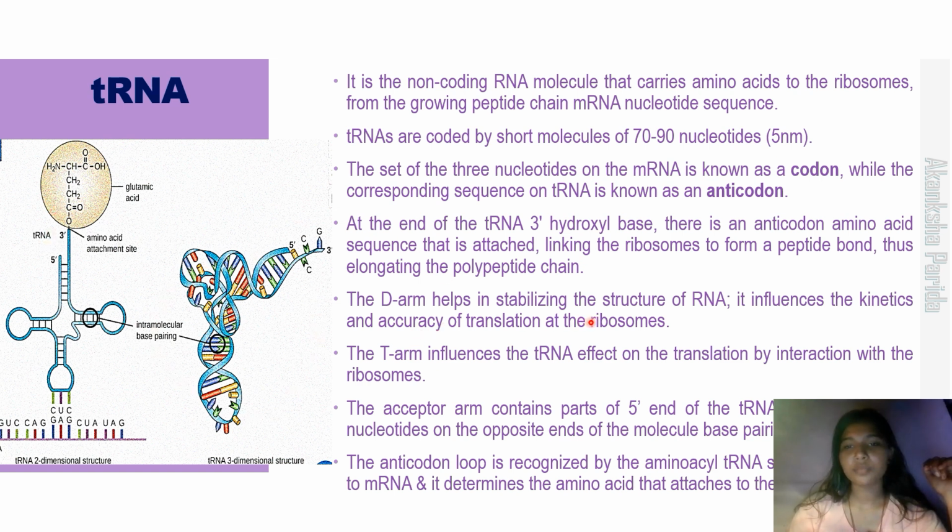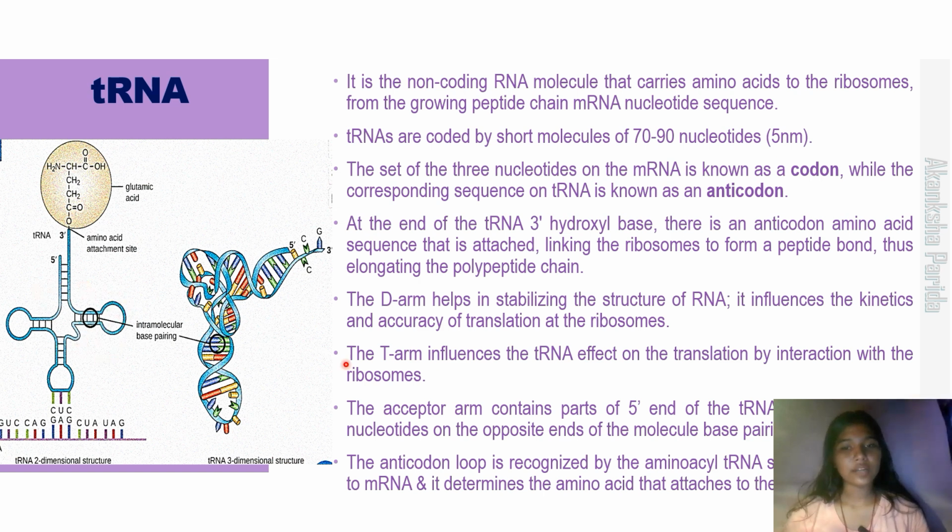The D arm helps in stabilizing the structure of RNA and influences the kinetics and accuracy of translation at the ribosome. At the end of the tRNA 3' hydroxyl base, there is an amino acid attached, linking to the ribosomes to form a peptide bond.